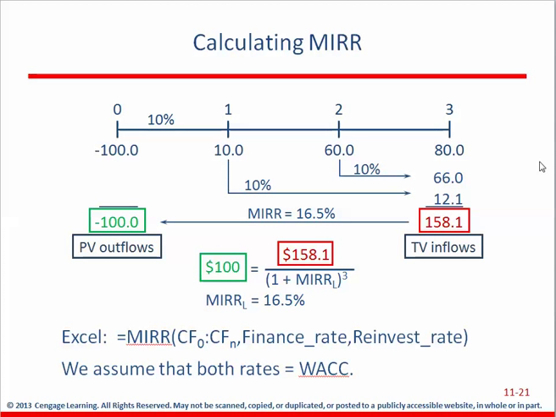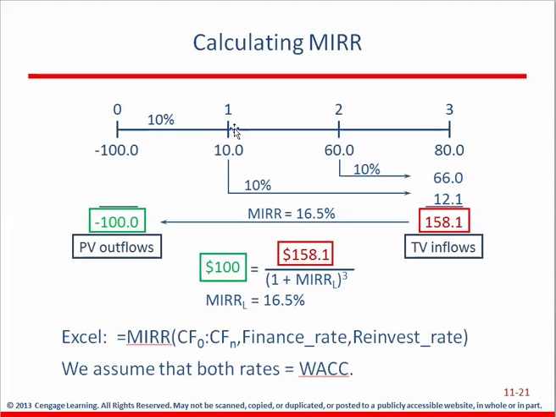To calculate the MIRR, we take any positive cash flows to the future, compounding them at the cost of capital. So this is 60 times 1.10 gives me 66. This is 10 times 1.10 squared gives me 12.1. Okay, or you can put in PV, N is 1, I is 10. What's the future value? However you want to do it.